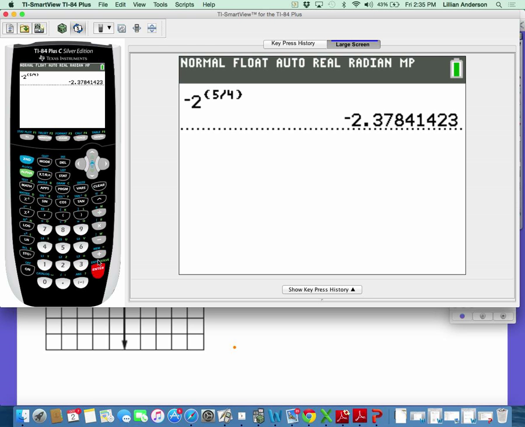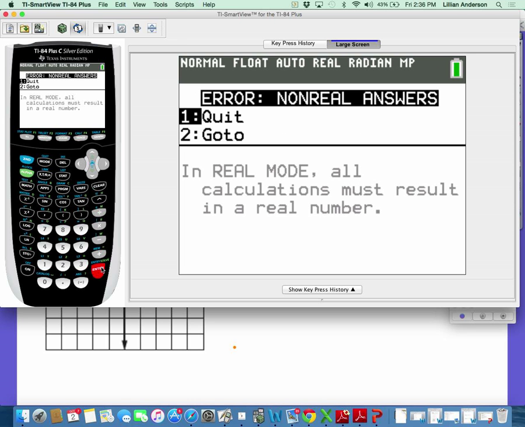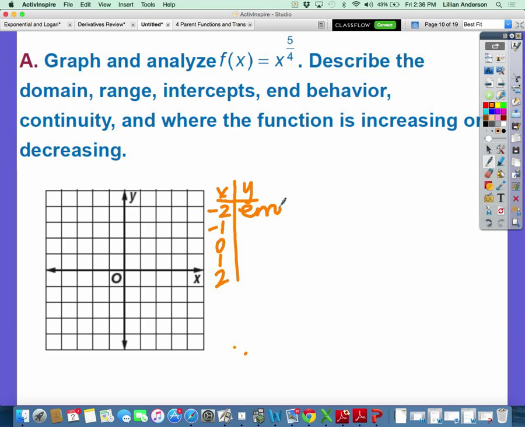The calculator reads: take 2, raise it to the 5/4, and then whatever that number is, make it negative. But you want the calculator to know that you need -2 raised to the 5/4. That way it will give you an error. You were supposed to get an error. You'll get an error for both of your negatives.